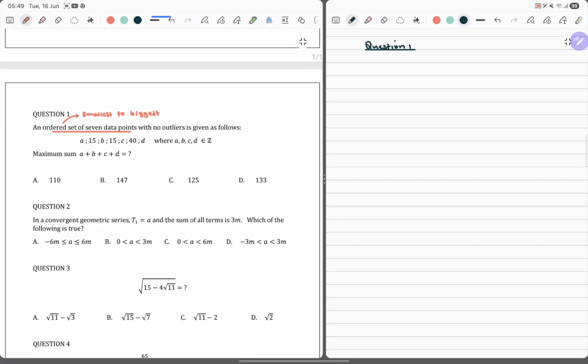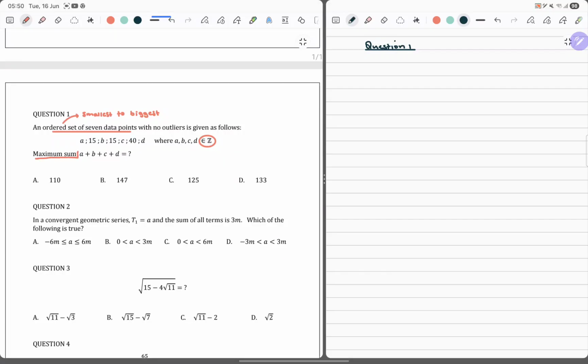That's basically how we order data in statistics. With no outliers, it is given as follows: A, 15, B, 15, C, 40, D, where A, B, C, and D are elements of the integers. Now we've got to evaluate the maximum sum of A plus B plus D.